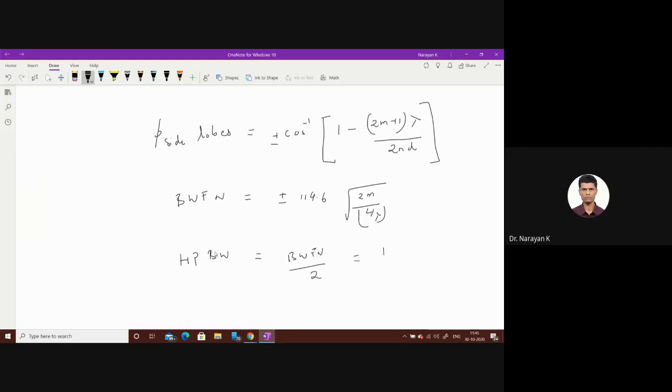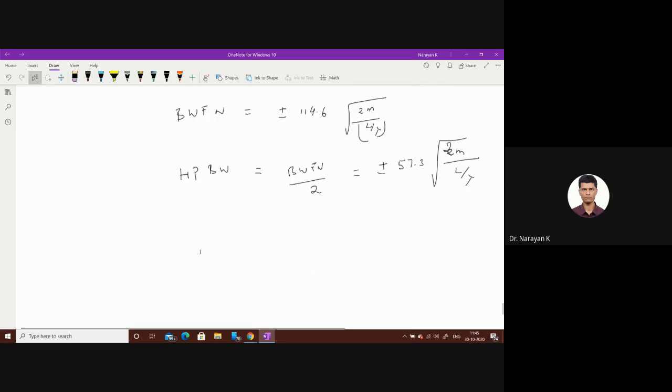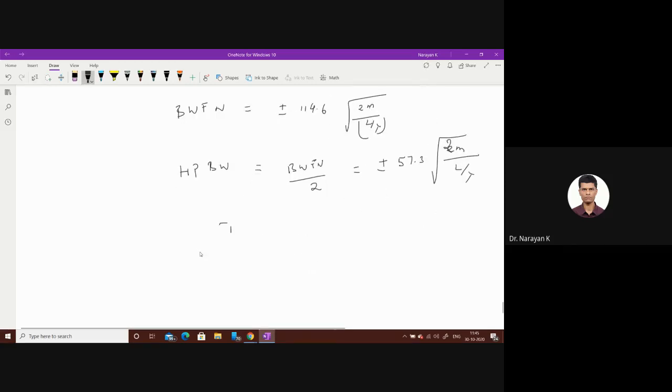So that will be nothing but plus minus 57.3 degrees into square root of 2m divided by L by lambda, and your directivity D will be equal to 4L by lambda.